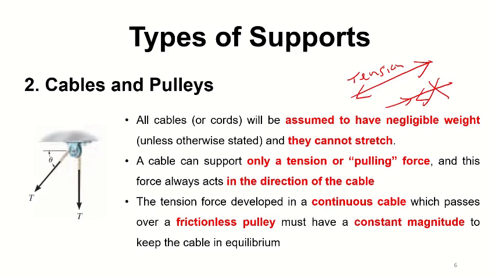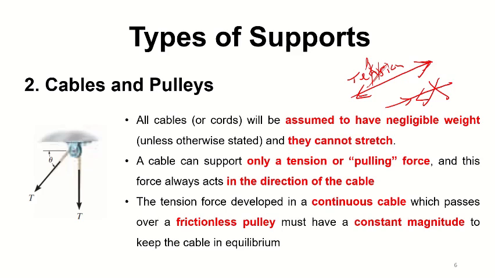It only supports tension forces, and they always act in the direction of the cable. So if this is the cable, the force acts only in the direction of the cable, not around here, not in this direction.